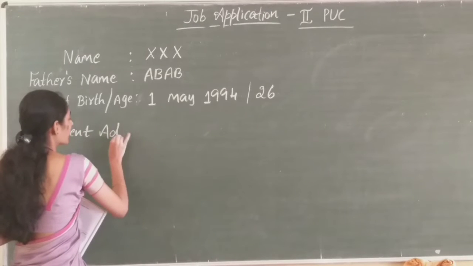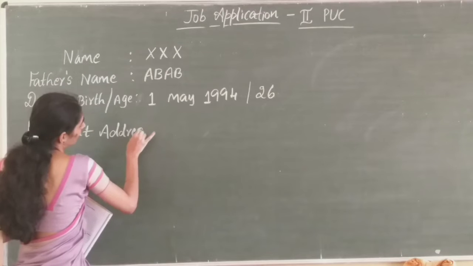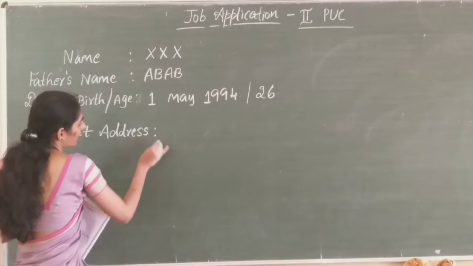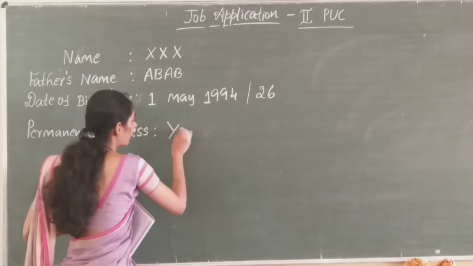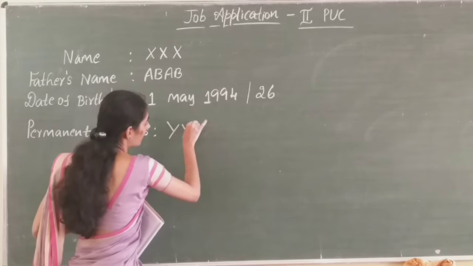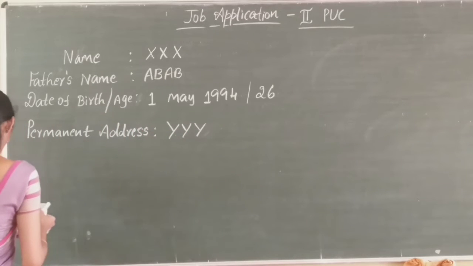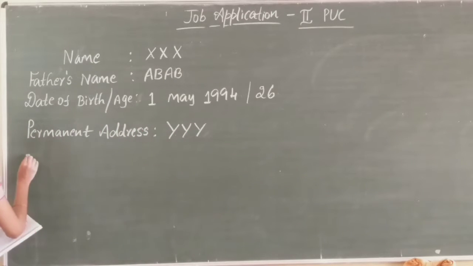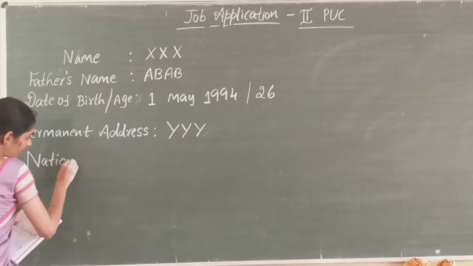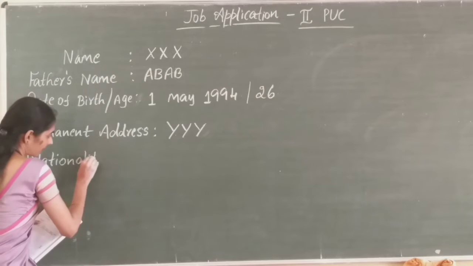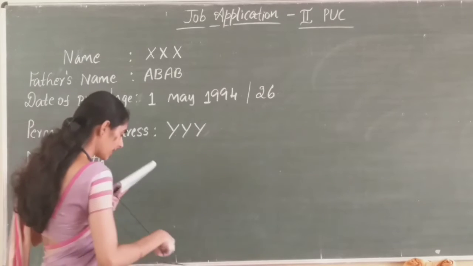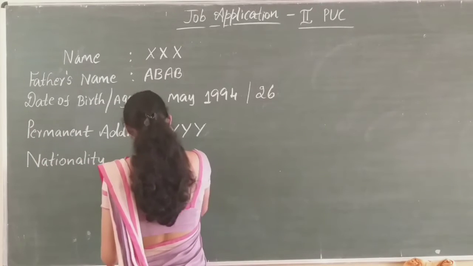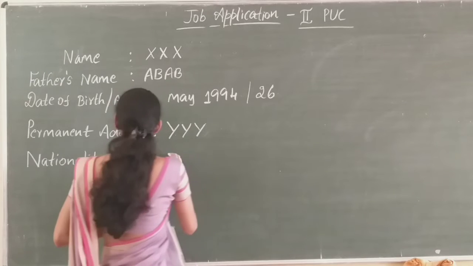Permanent address. What do you have to write? Y. And then nationality. Nationality, Indian.